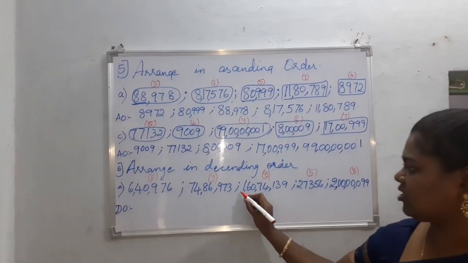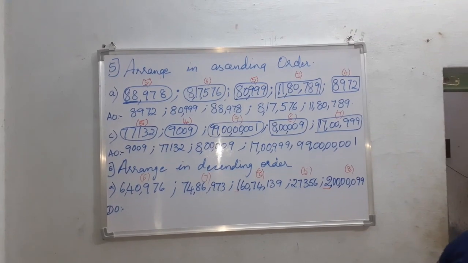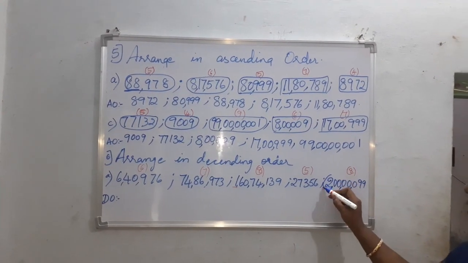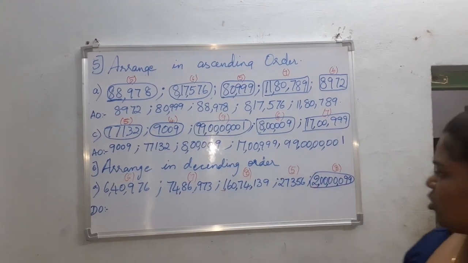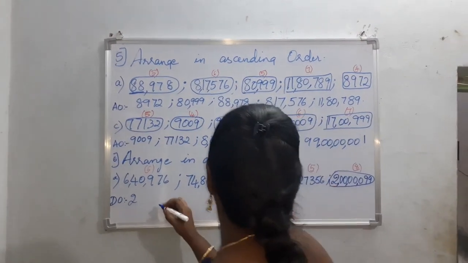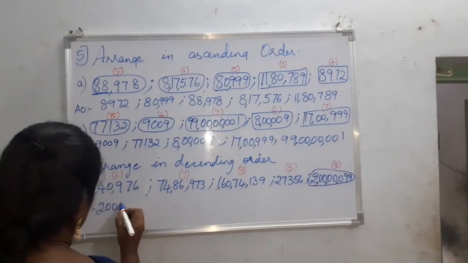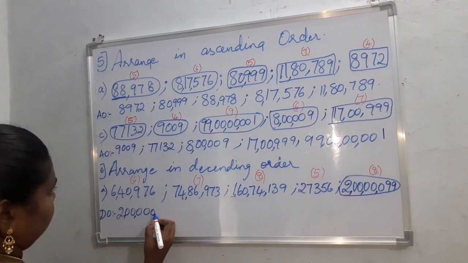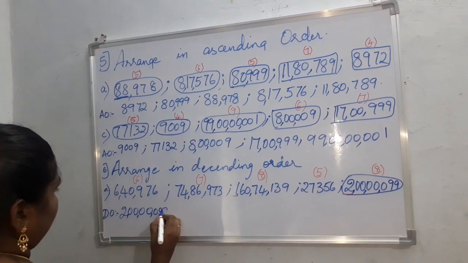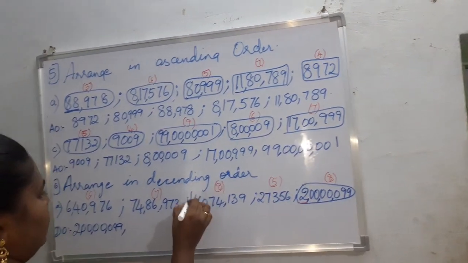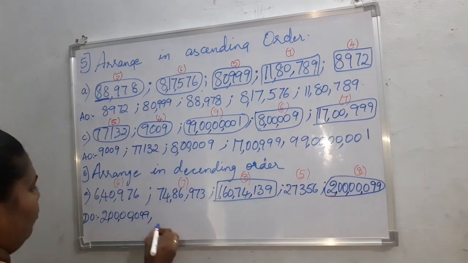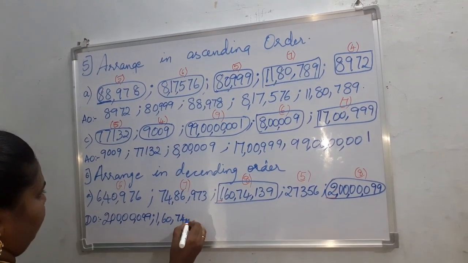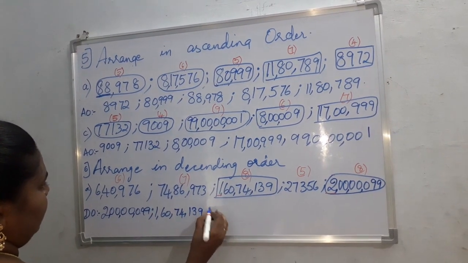So here you have two big digits, that is 8-digit number. Then you have two bigger and same digits. Go for the first digit. 1, 2. Which is bigger? Obviously 2 is the larger. So go for this number. That is 2 crore 99. Next is this 1 crore 60 lakh 74,139.